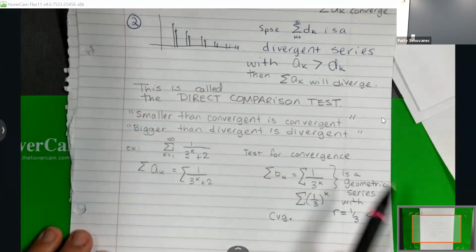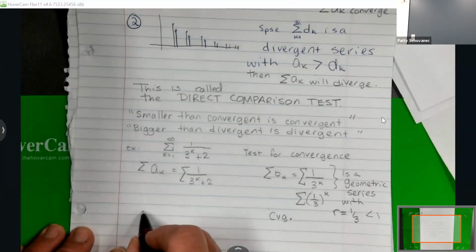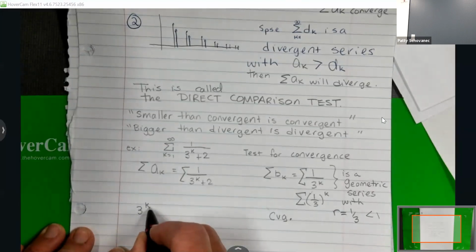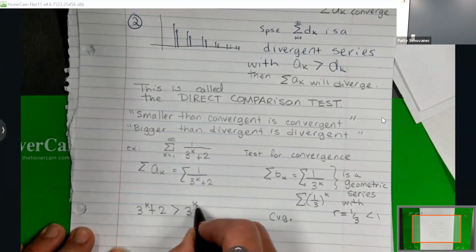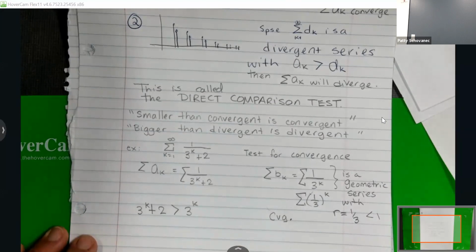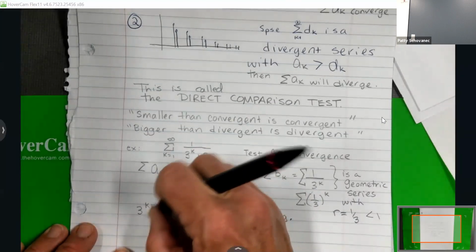So let's check the size. Well, this is easy to compare. 3^k plus 2 is bigger than 3^k because it's 2 more. Let's take it away and put a better plus sign.